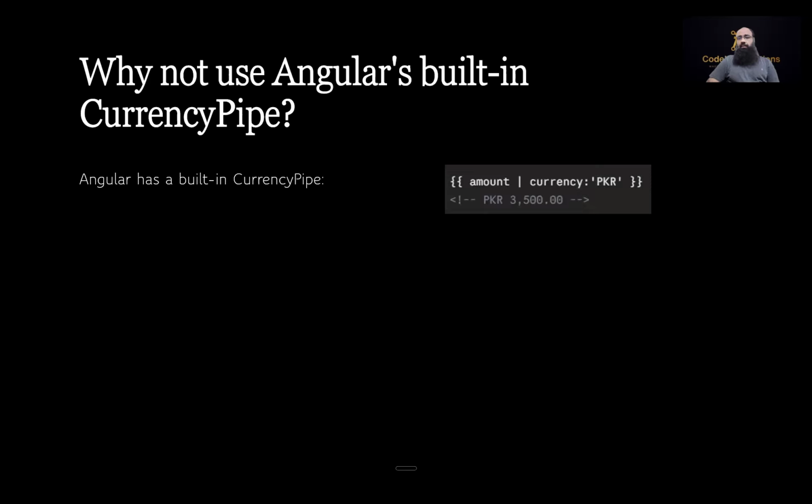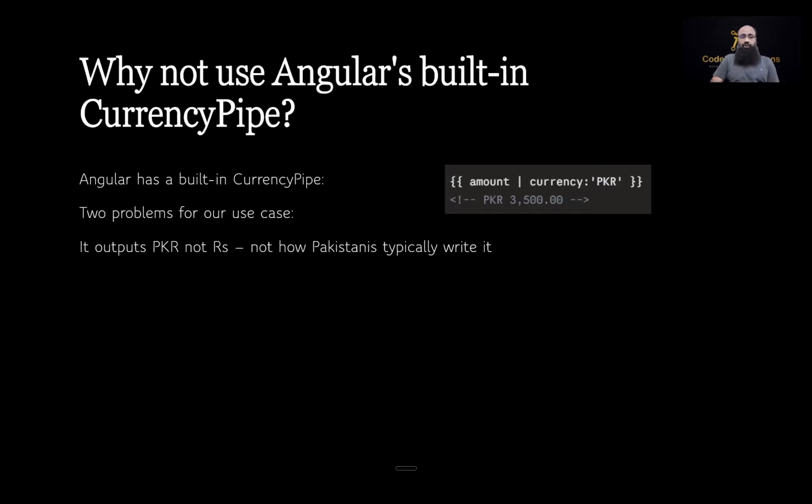With that done, why haven't we used Angular's built-in currency pipe? Angular itself comes with a currency pipe, but over here you can see it's using PKR instead of the one used locally, which is Rs. So there are two problems.